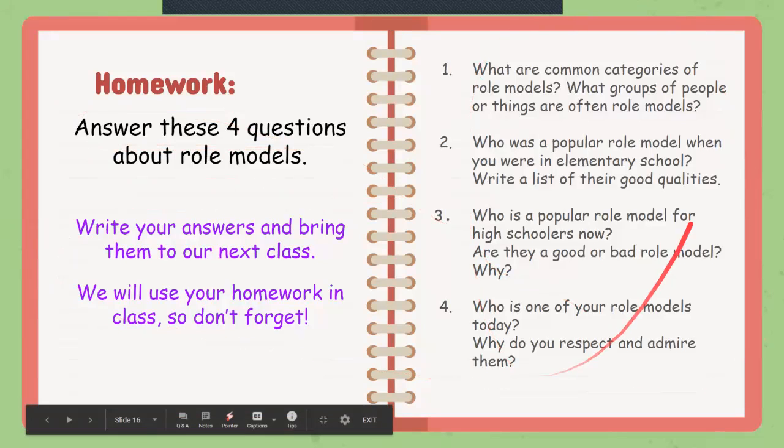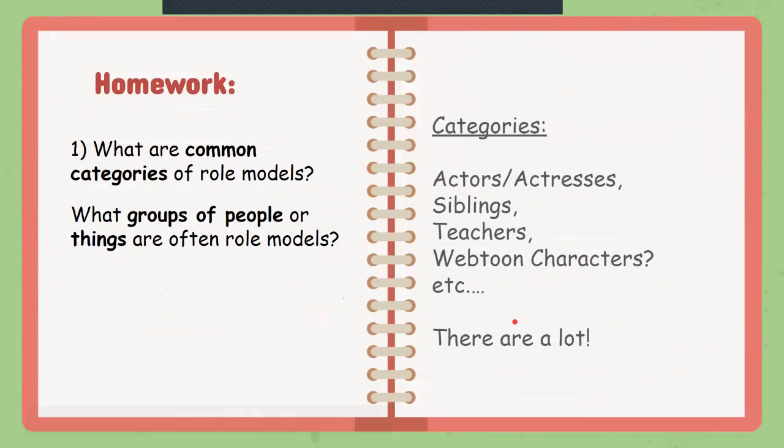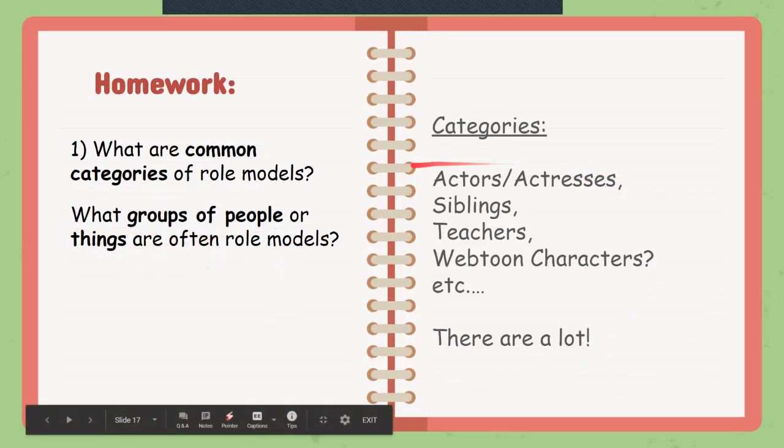So there are 4 questions. I know it looks like a lot, but let's review them. Question 1. What are common categories of role models? Or, what groups of people or things are often role models? Here's an example.